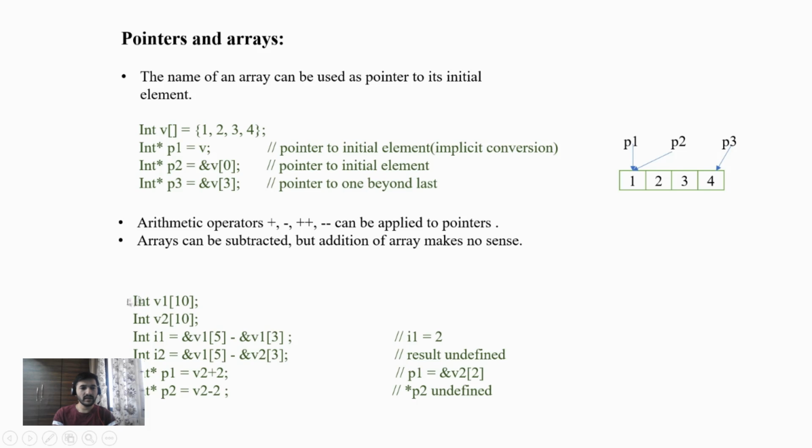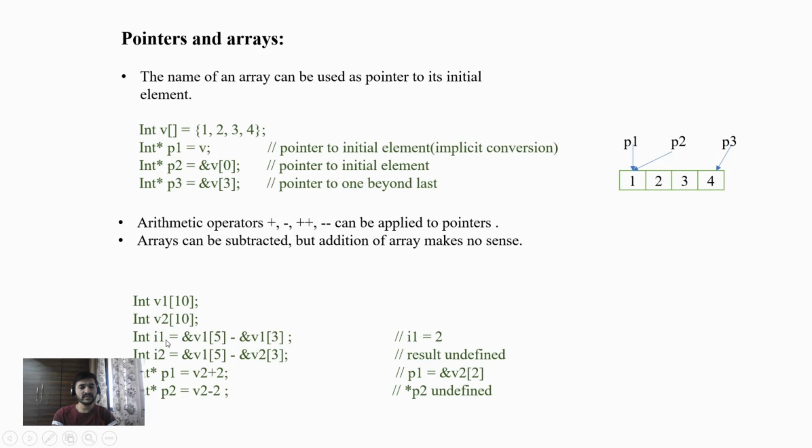Let's consider an example. Below I have created an array of int v1 which contains 10 elements, and array v2 which contains 10 elements. Now if you see what I'm doing in the third line, I am finding the address of the fifth element of the array v1, and I'm subtracting the address of the third element of the same array.